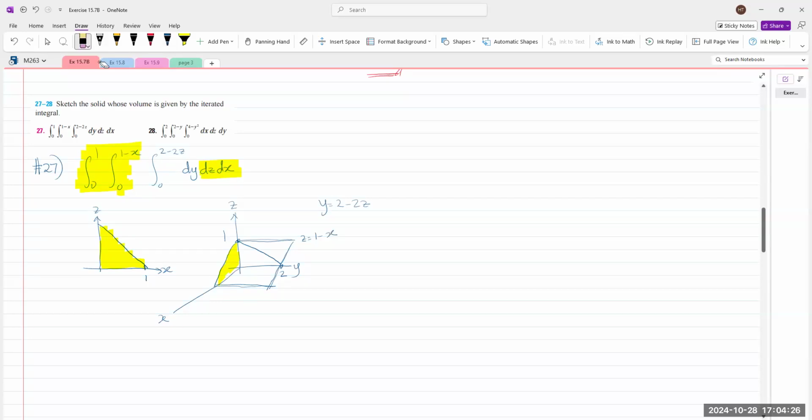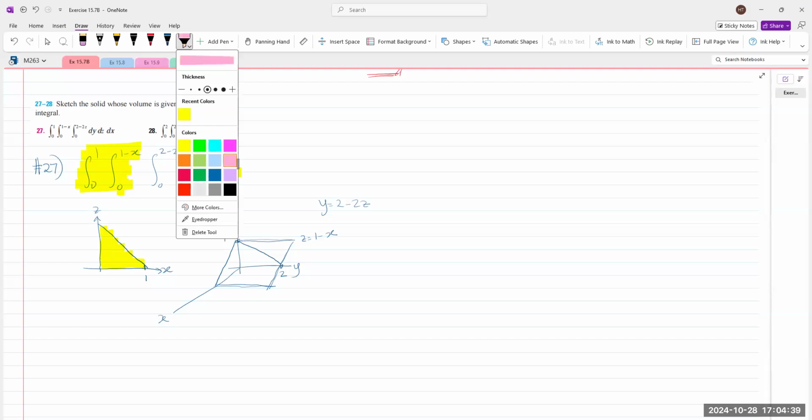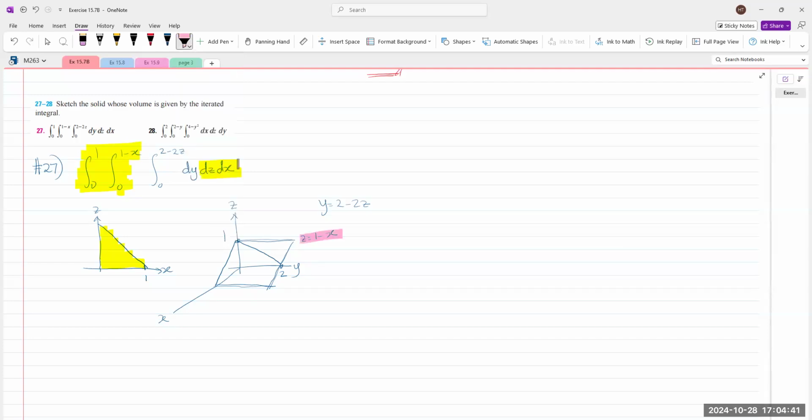Let me erase this yellow part, and let me use this color here for this.